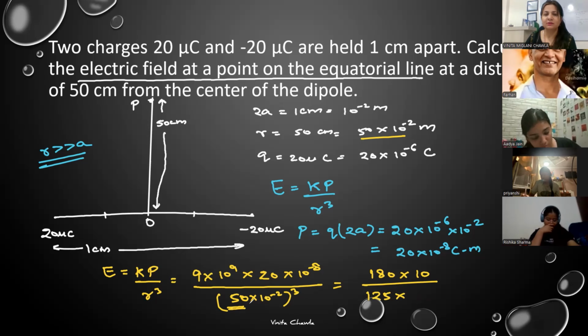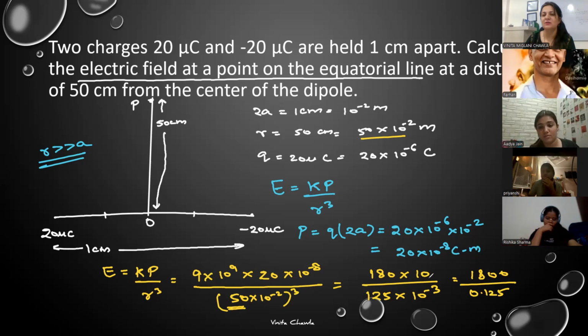And we have this 10 raised to the power minus 1. So we can write 10 to the power minus 3. Now we can solve this. So it's 1800 divided by 0.125. We can write like this, or you can move this 10 to the power minus 3 to the numerator. It will become 10 to the power 4, and then you can solve it. What value are you getting?